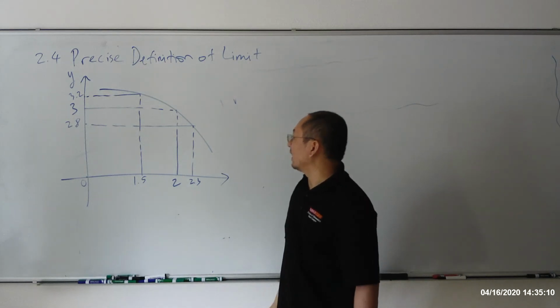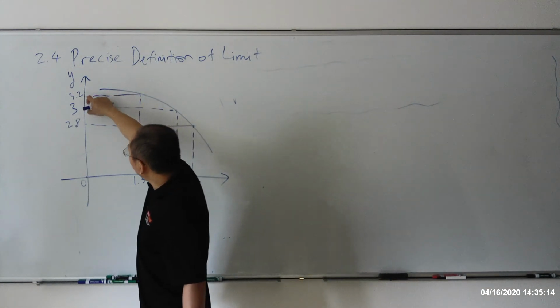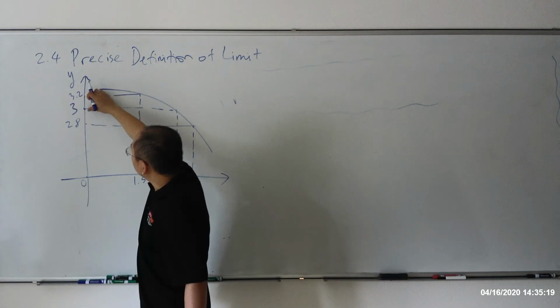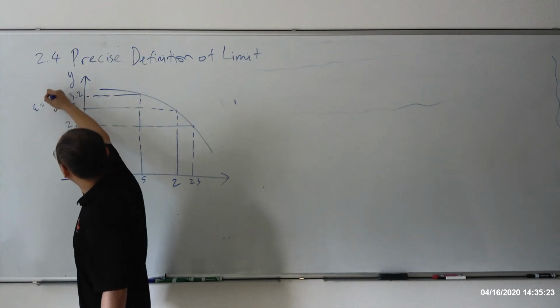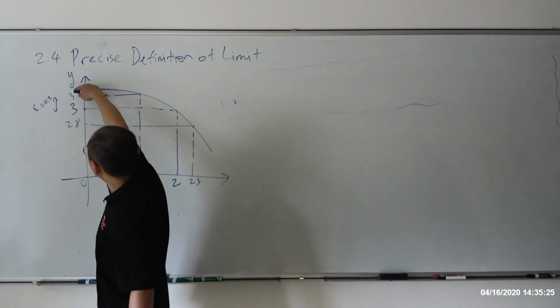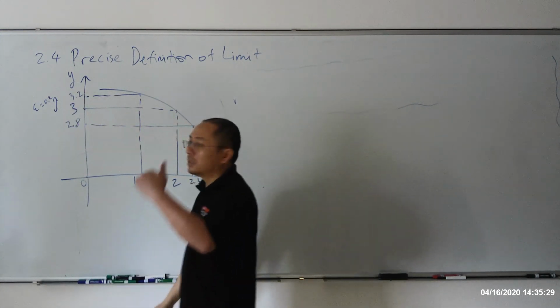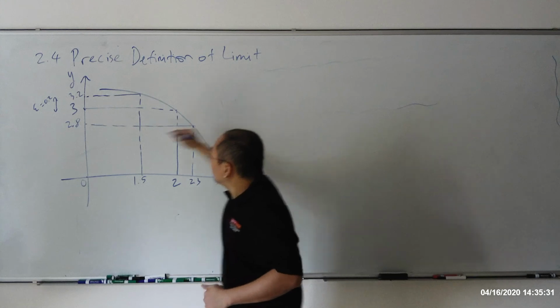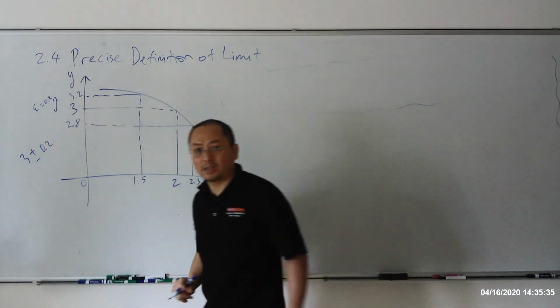Okay. Now in terms of epsilon delta, we need f of x to be close to 3 with an error of 0.2. So you see from here you can calculate epsilon is equal to 0.2. 3.2 minus 3, or 3 minus 2.8, is 0.2. 3 plus or minus 0.2, that's how you have the interval right there.